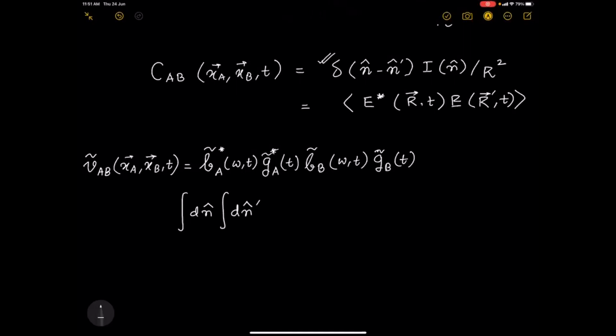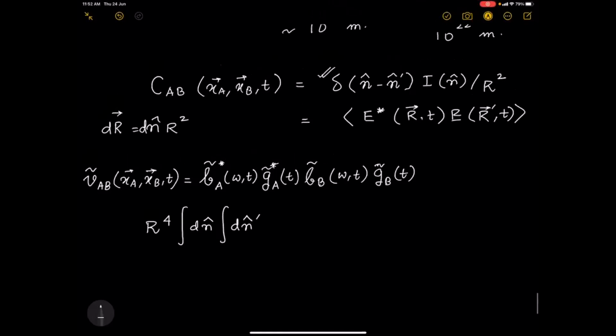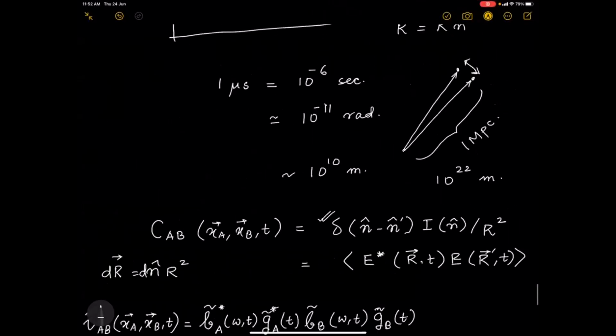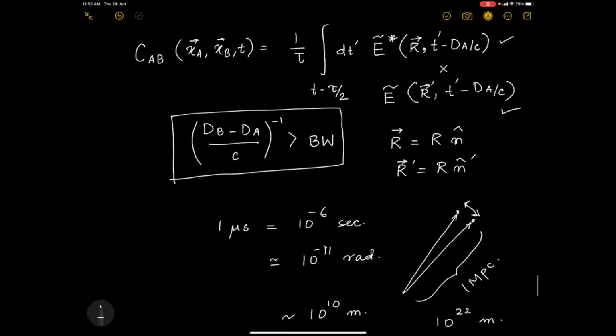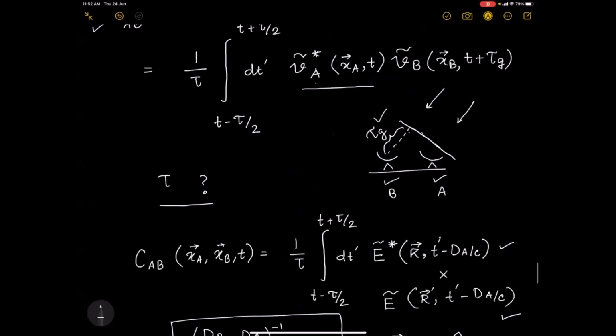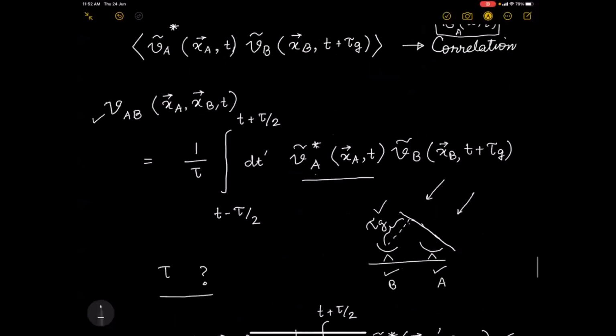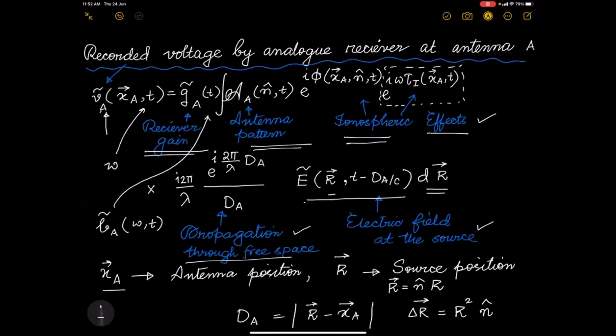And so remember that dr is n cap r square, dn cap r square. So I'll get 2 of these r square outside, r to the power 4. Then I have the phases introduced by the ionosphere, if you remember. Where are those? So this phase is introduced by the ionosphere. So let us write those down.